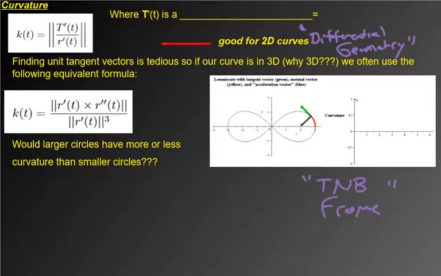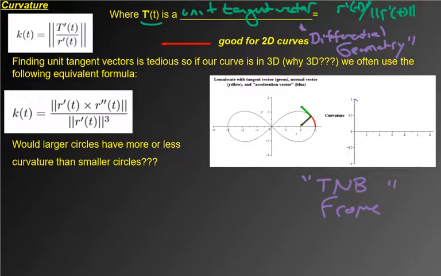We haven't used it too much, but we have seen this capital T prime of t. That is the unit tangent vector. That again just means it's r prime of t over the magnitude of that vector r prime of t. So basically it's a length 1 r prime of t vector.